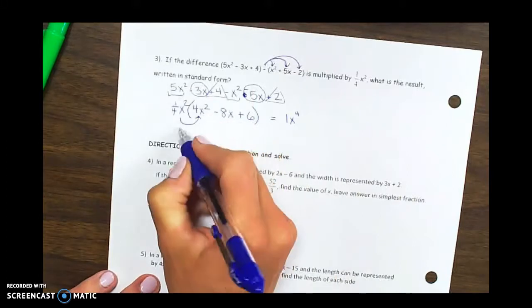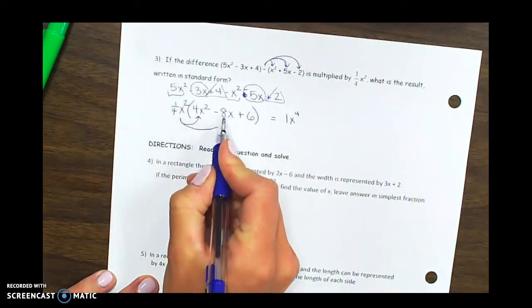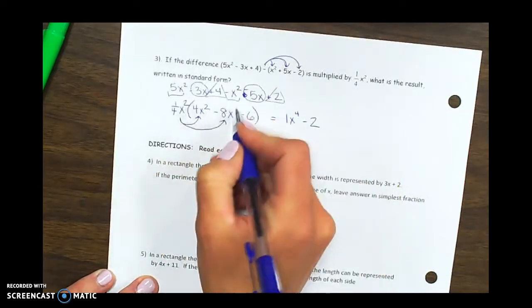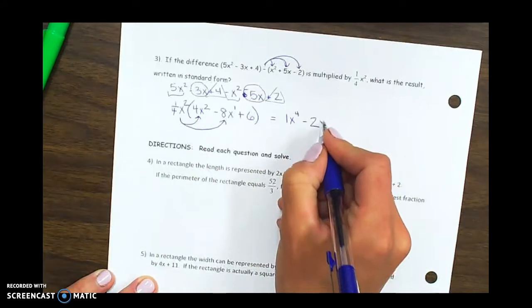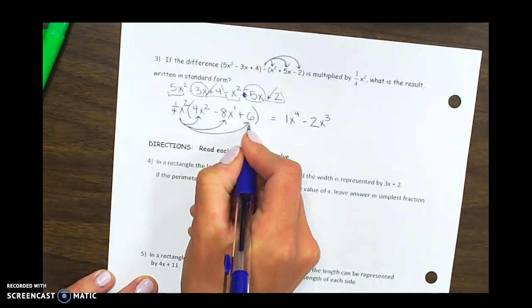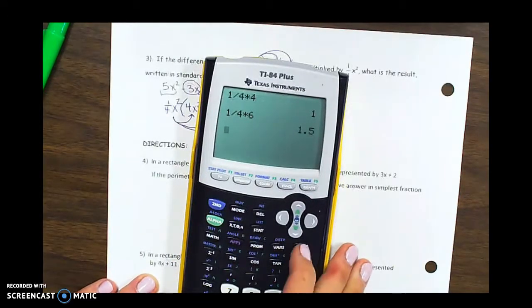Okay, now let's go ahead and distribute to the second one. So 1/4 times negative 8 is actually negative 2. X squared times x to the 1 gives us x to the 3rd. And then 1/4 times 6. So let's go ahead and try that. 1 divided by 4 times 6, we're going to get 1.5.